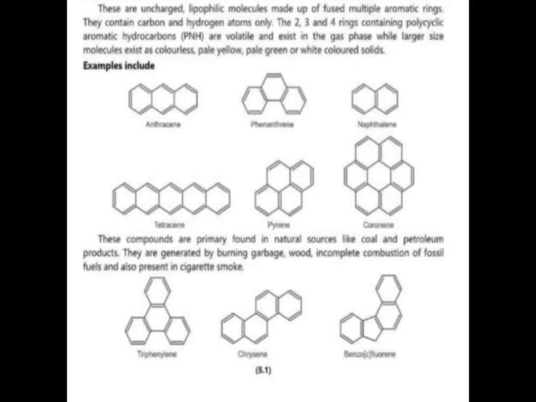They are lipophilic molecules made up of fused multiple aromatic rings. As we know, if the number of benzene rings or fused rings is more, then that compound becomes more lipophilic. Here you can see some examples.